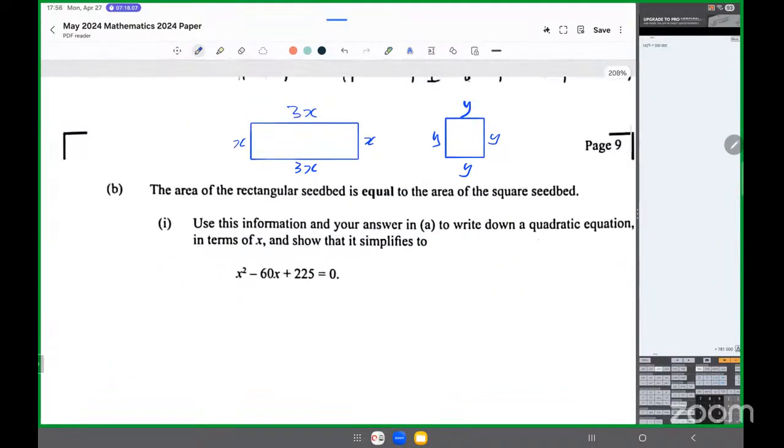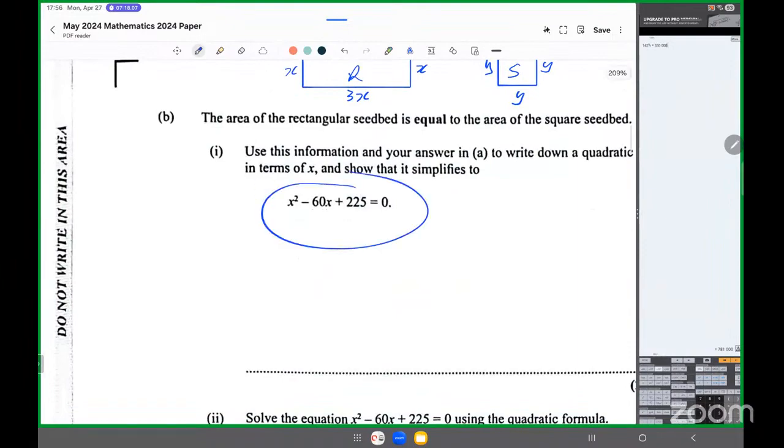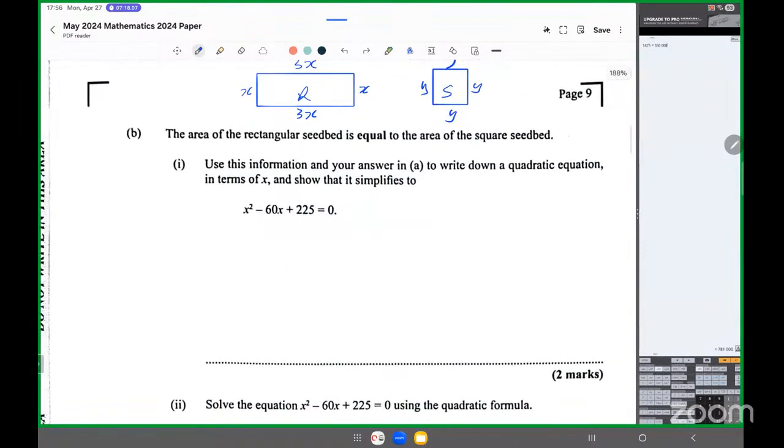The question says the area of the rectangle and the area of the square are equal. Write down a quadratic equation in terms of x and show that it simplifies to this.